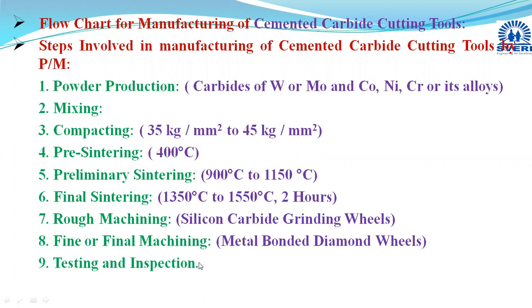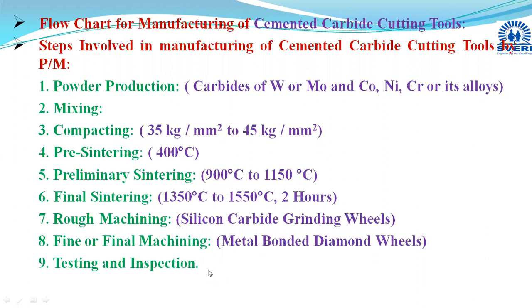Then the final component is obtained, and it is given for testing and inspection with the help of different destructive and non-destructive testing methods. The component's different properties like tensile strength, toughness, hardness, compression strength, its microstructure, and amount of porosity, if any, are checked.